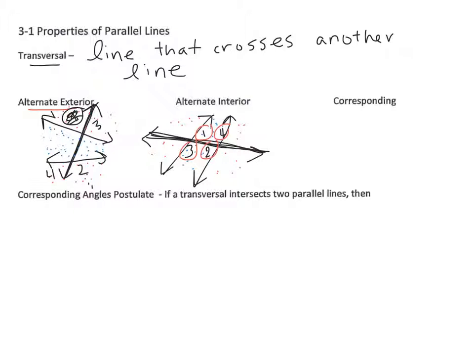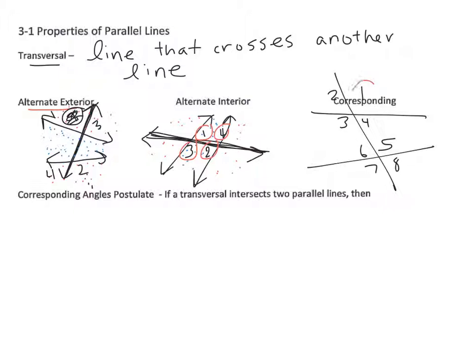And corresponding means I'm going to draw two more lines and a transversal. Corresponding, if I have 1, 2, 3, 4, 5, 6, 7, 8, are angles that are in the same corresponding position.